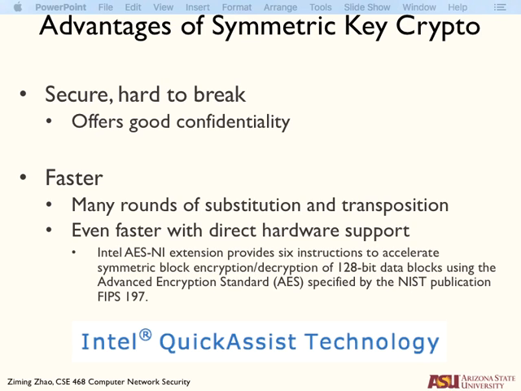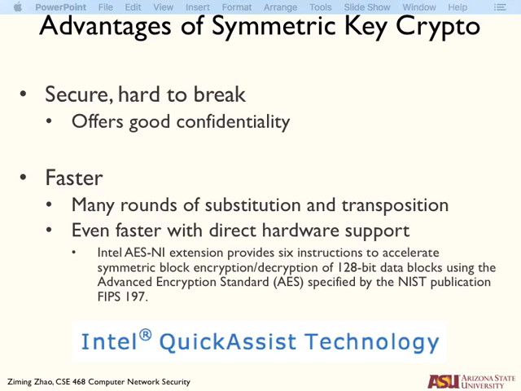And modern hardware manufacturers like Intel and ARM make it even faster by implementing all these encryption algorithms at the hardware layer. If you're using an Intel CPU or ARM CPU, you will find instructions like AES encrypt or AES decrypt.